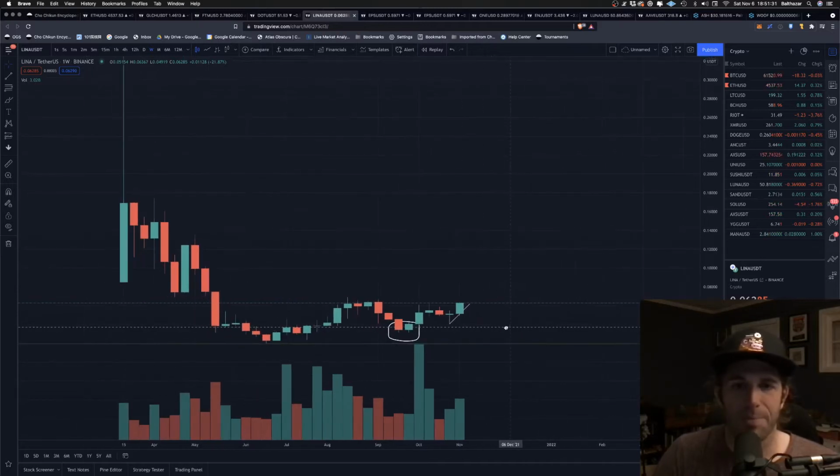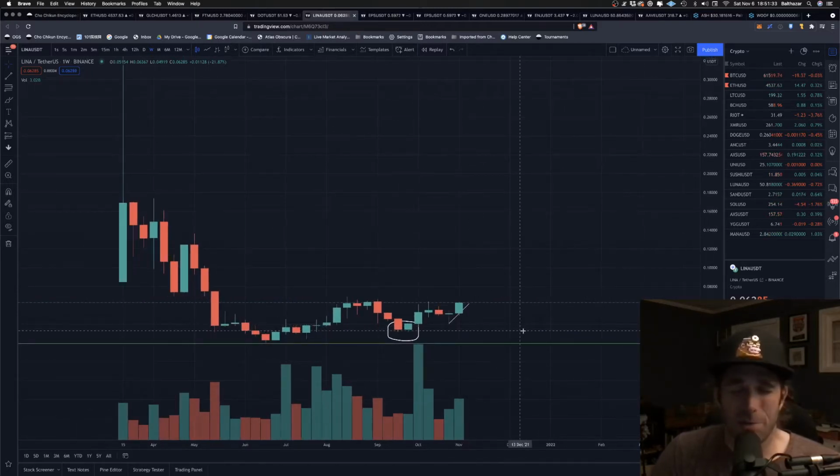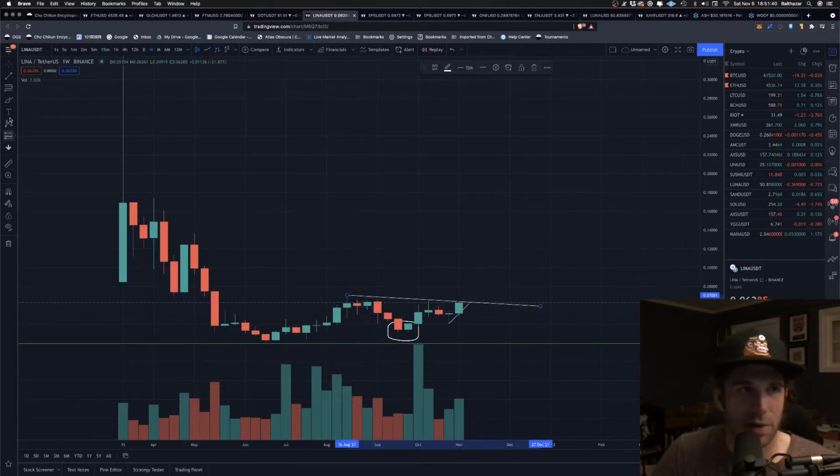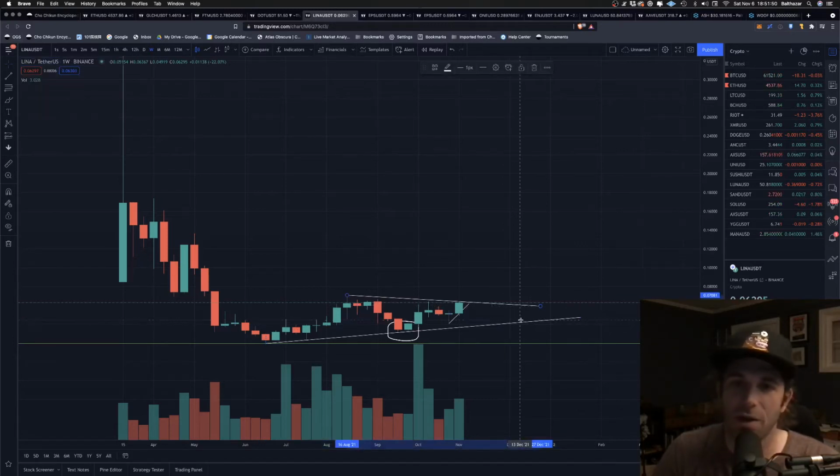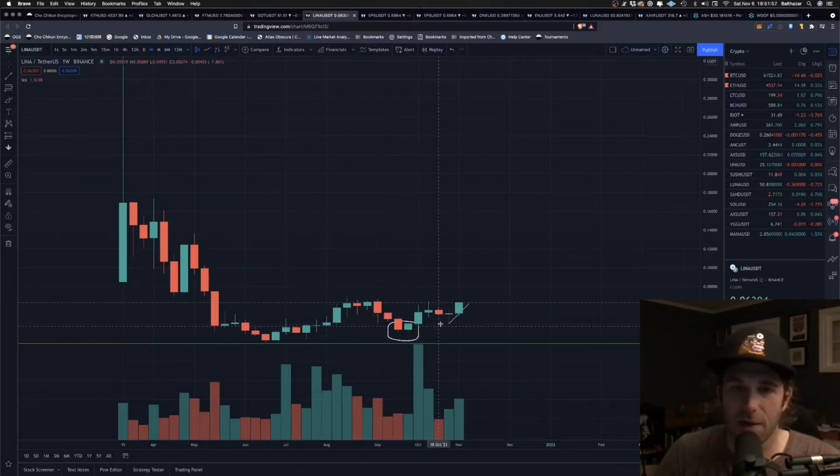So right now, I'm still looking at this as basically sideways trading, and we very well may see a tightening range, the price range narrowing until we get a breakout. So when I look at this, I don't really see much of an entry. I would probably be looking for an entry if we get a tighter and tighter range, and then I see a breakout.